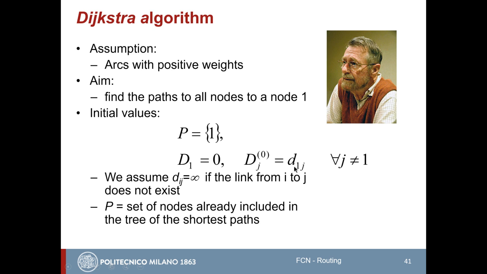And in case this direct link does not exist, is not a physical link, then we can assume the distance equal to infinity. In case we have nodes that are directly connected to the source, in the initial step we already upload the cost equal to the direct link into this running variable, which is the distance.